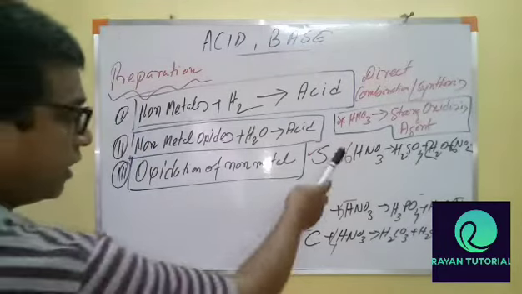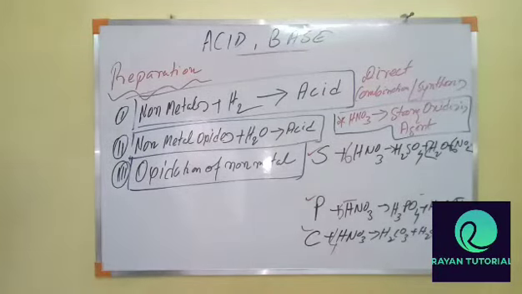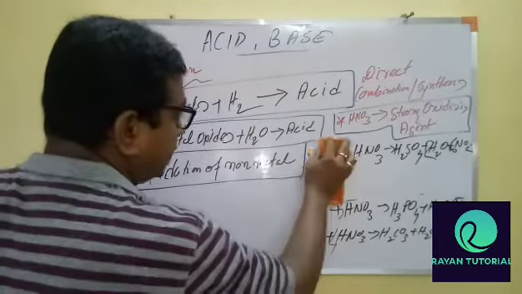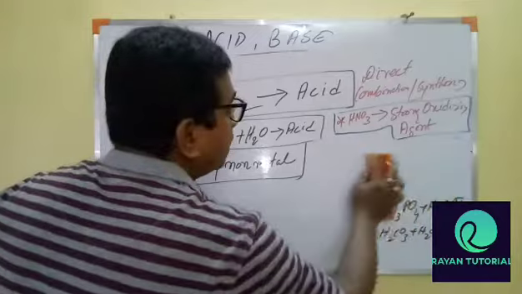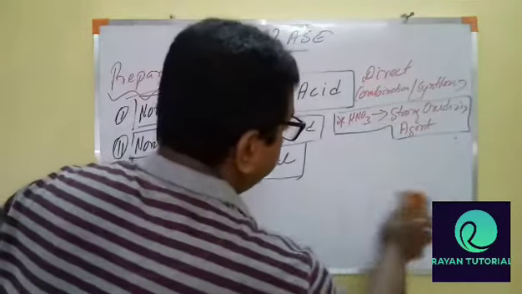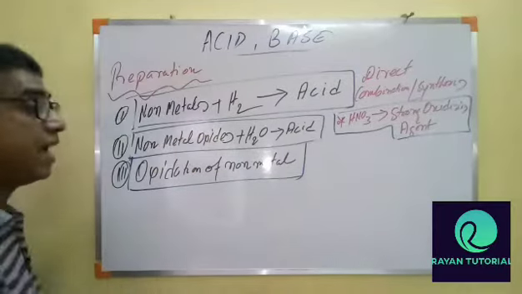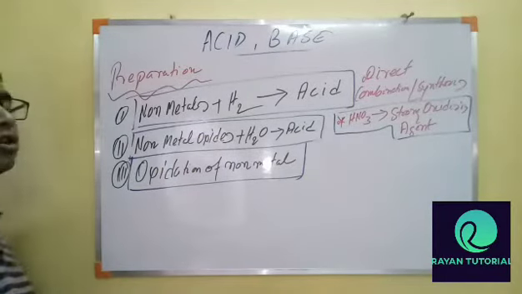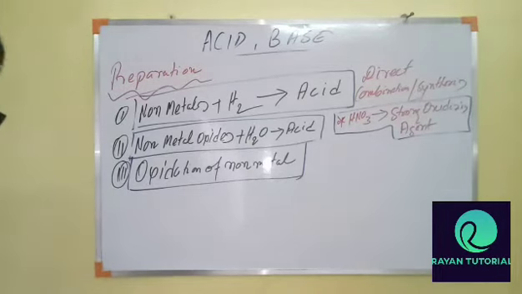All got balanced. So 6, 5, 4. Always remember, HNO3 is a strong oxidizing agent. Many times the question comes, name a strong oxidizing agent. Just close your eyes and write HNO3. Is that clear?